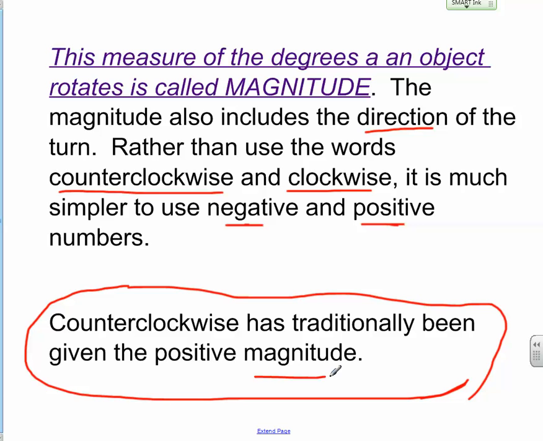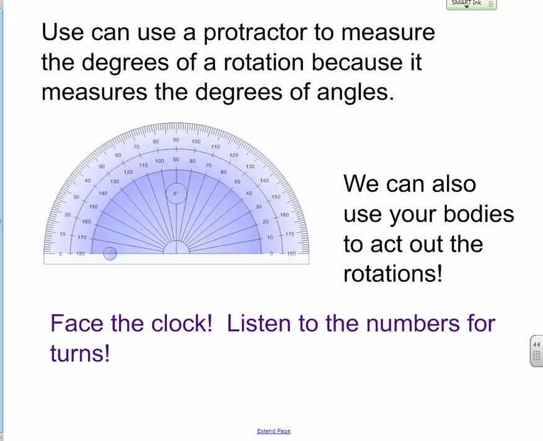It seems like clockwise should be positive and counter should be negative, but it's the opposite of that. So just remember, we're dealing with opposites here, so it's the opposite of what you would think. So counterclockwise is a positive number. Clockwise is negative. Okay, so actually everybody stood up and you faced the clock, and we practiced rotating your bodies several times, clockwise and counterclockwise.